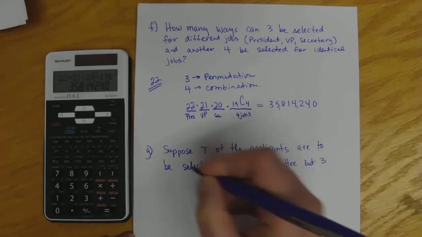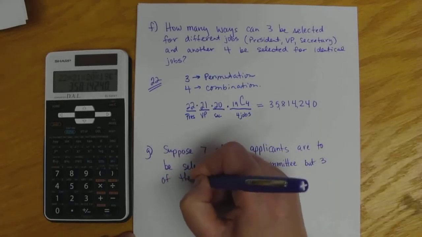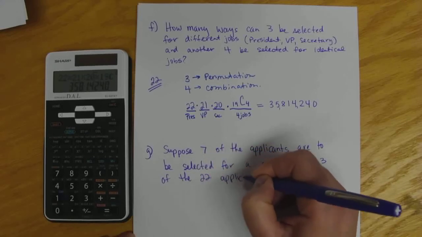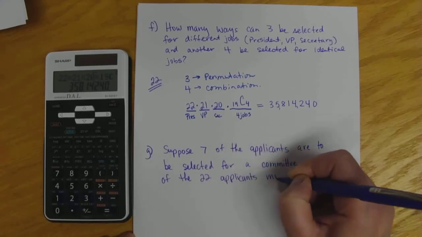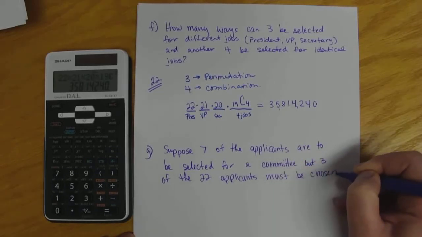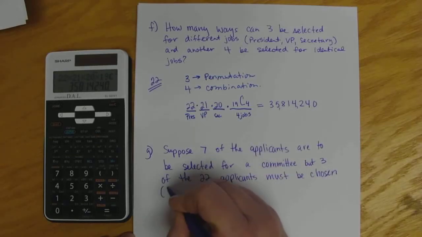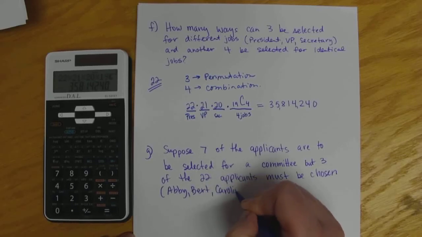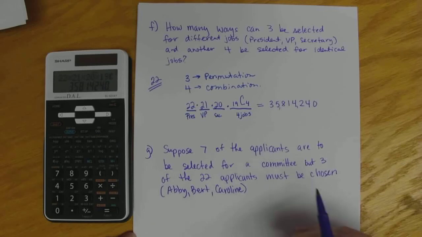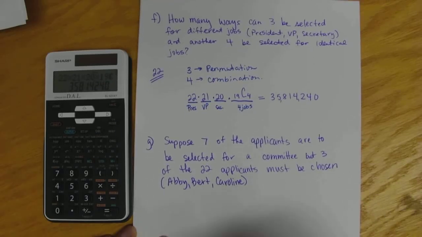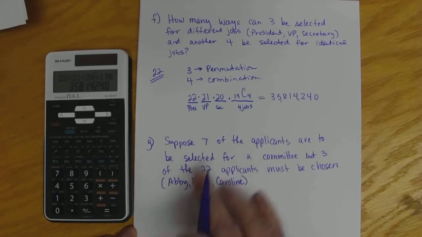But 3 of the 22 applicants must be chosen. Let's say, we'll give them names, A, B, and C. Okay, so Abby, Bert, and Caroline are part of these 22 applicants, and they must be chosen, and then we want 4 other people.